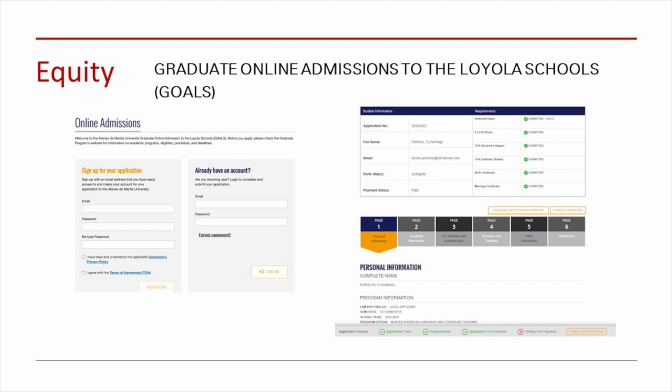Replacing the pen and paper application process, including administering the graduate admissions test, was not a walk in the park. We made this decision 2 years before the pandemic. It was a time when technology seemed to be a luxury for many higher education institutions. We had a vision. We wanted to make our admissions process equitable, but because there were not enough resources, we were given an old, underutilized portal to refurbish.